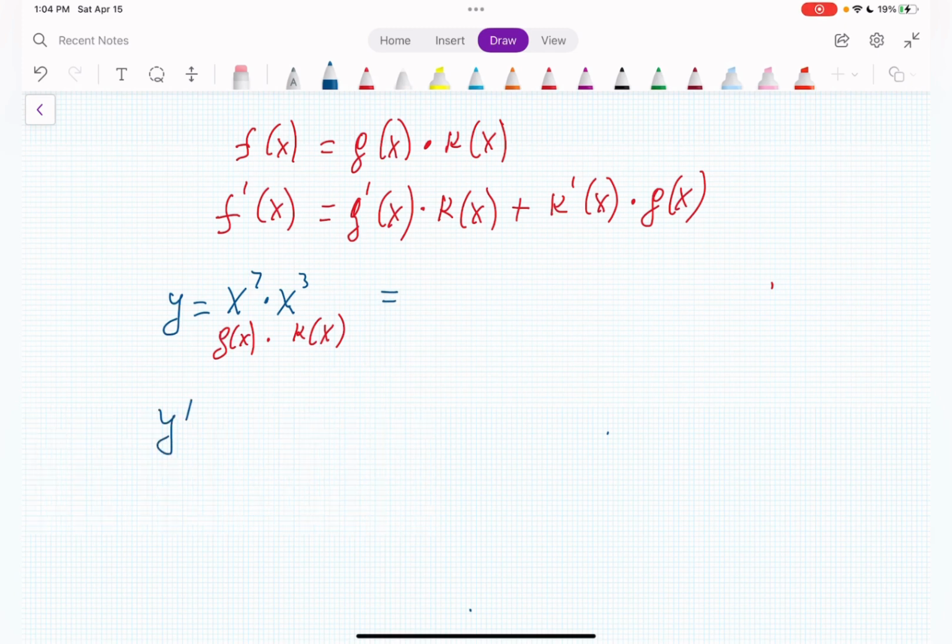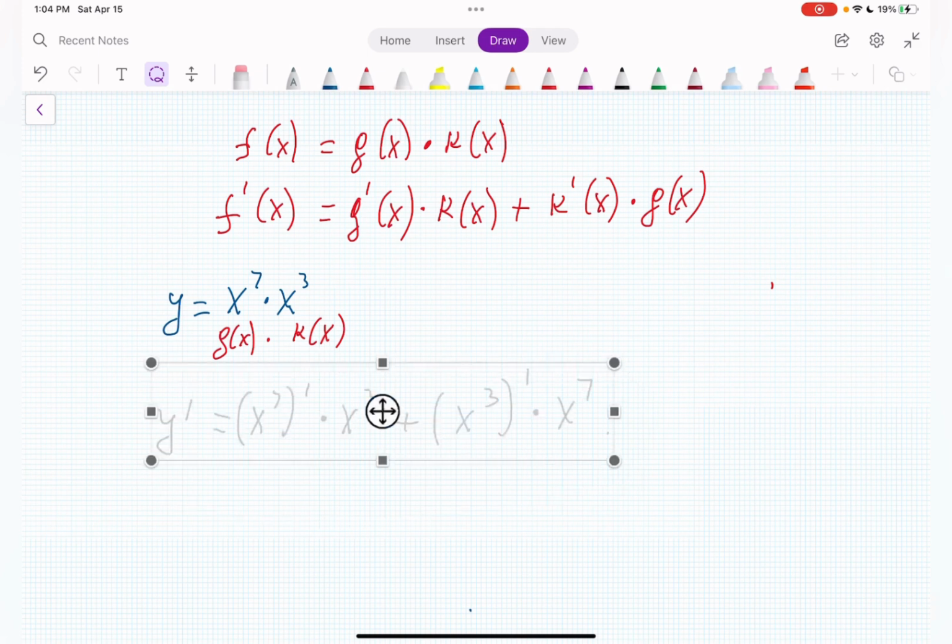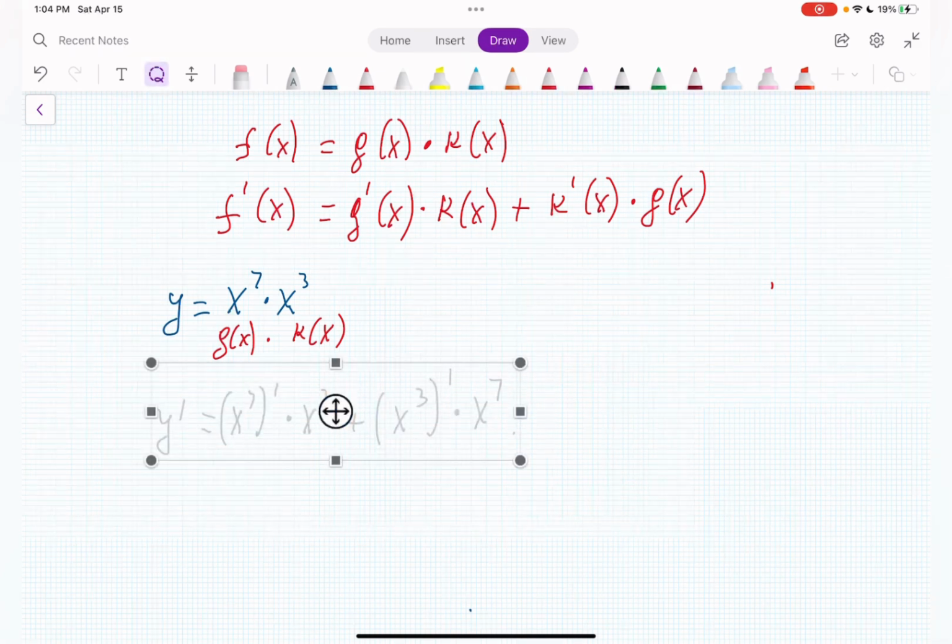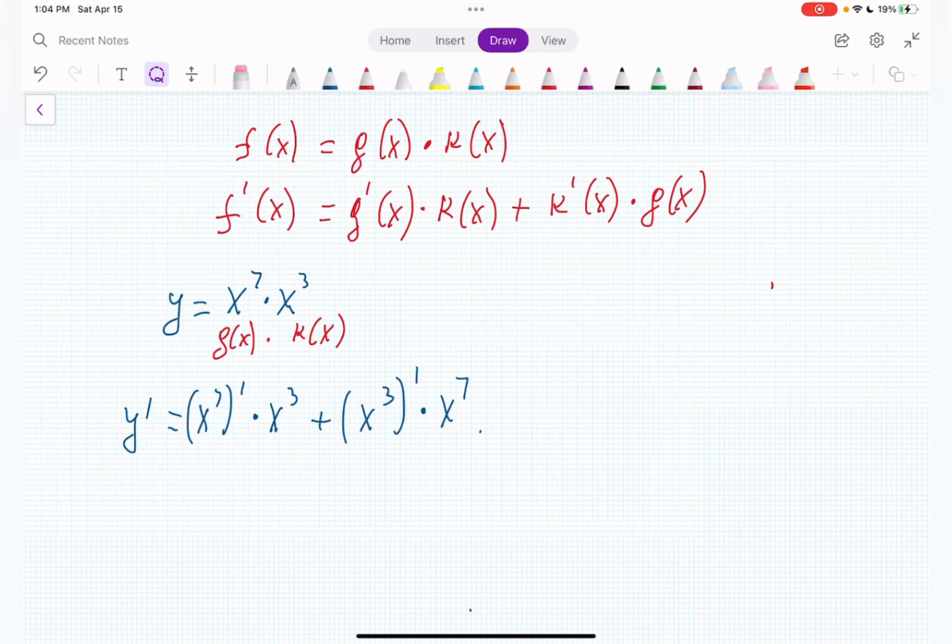So the derivative y prime is going to be equal to the derivative of x to 7 times x to 3, and then plus the derivative of x to 3, the second term, times x to 7. How much is the derivative of x to 7?